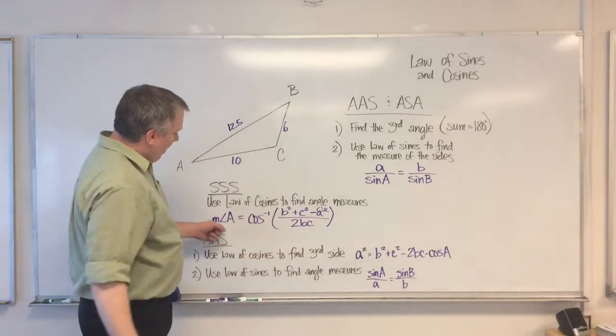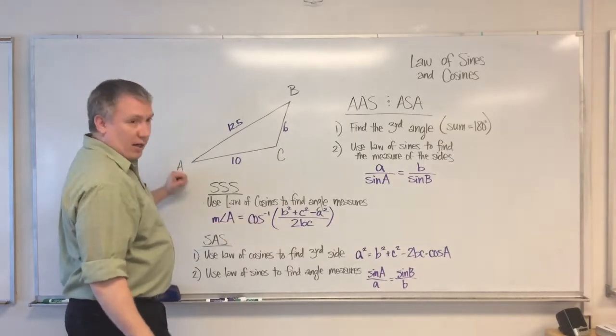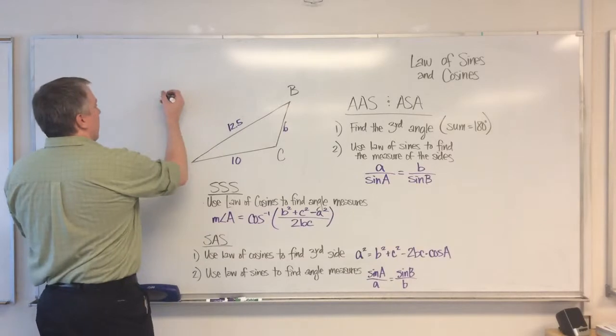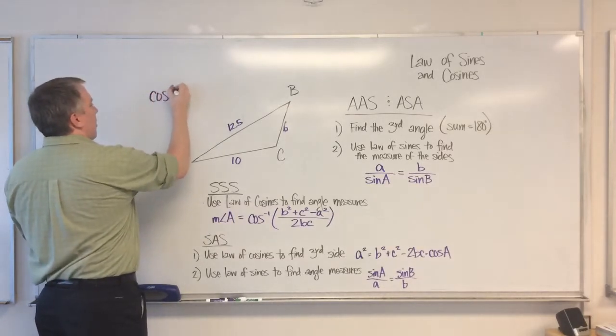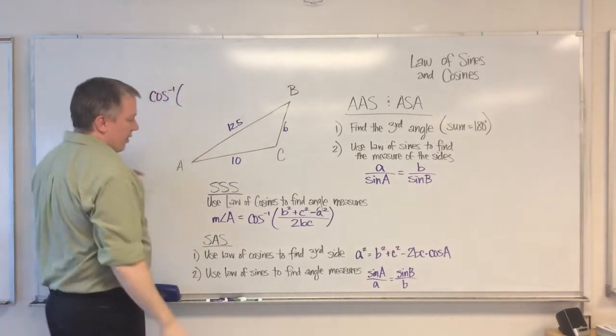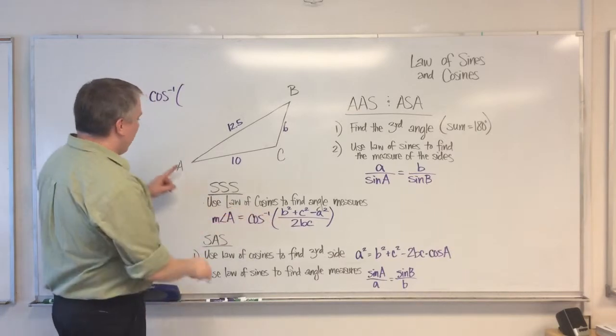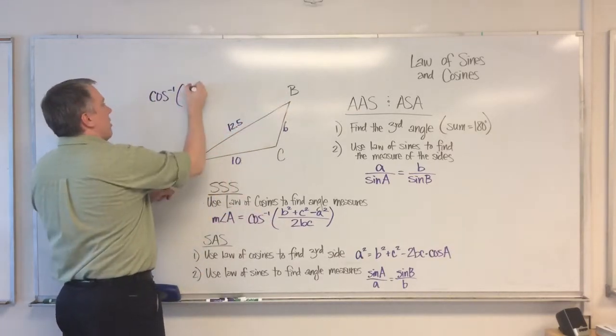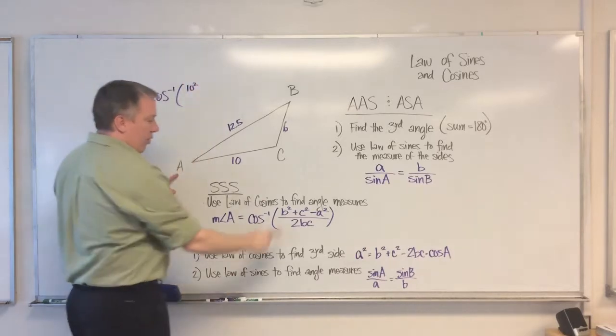So I want the measure of angle A, so that's this one right here. And so I'm going to use this formula. It says cosine inverse, parentheses, b squared. So if this is A, there's b, so b squared is 10 squared, plus c squared.